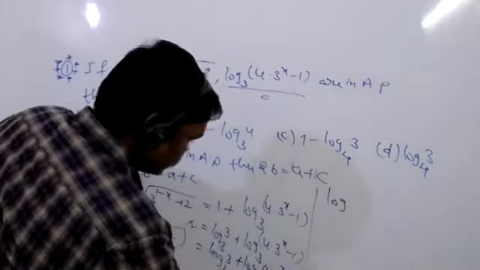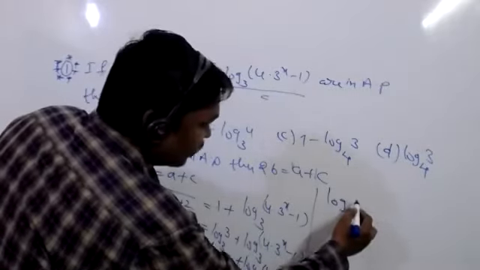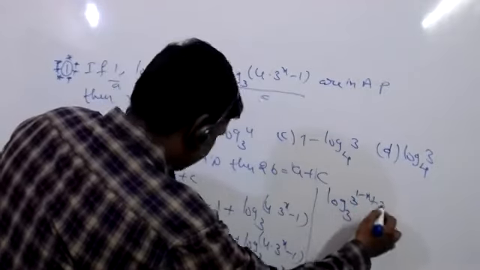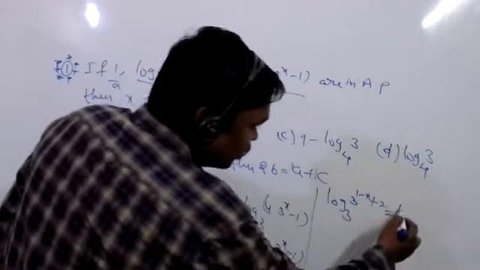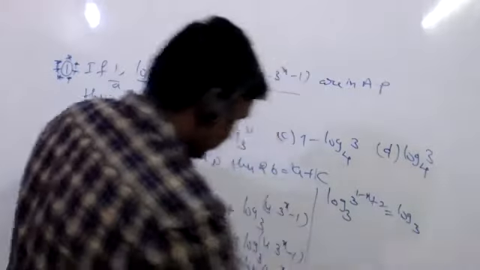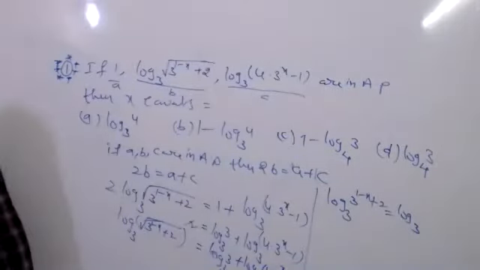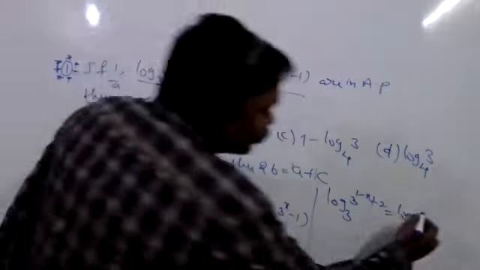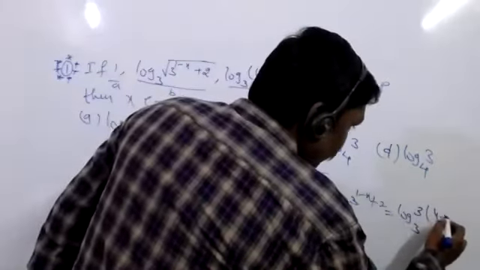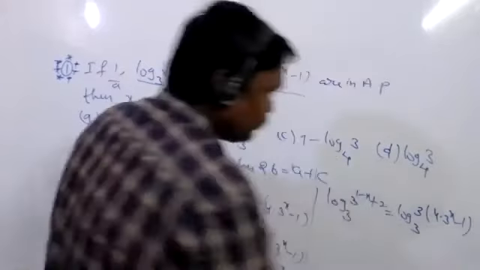Log a plus log b is log ab, so 3 into 4 into 3 power x minus 1.